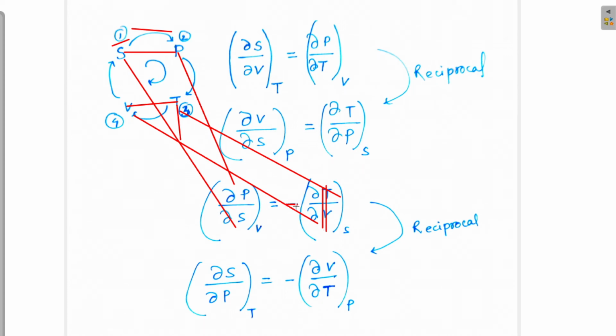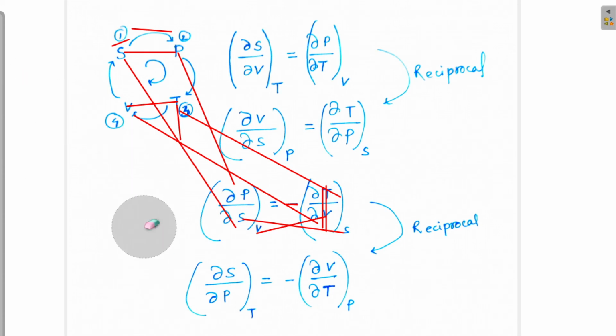Now to take the constants, I will take the denominator of the left hand side as a constant to the right hand side, and the denominator of the right hand side as a constant to the left hand side, like this.